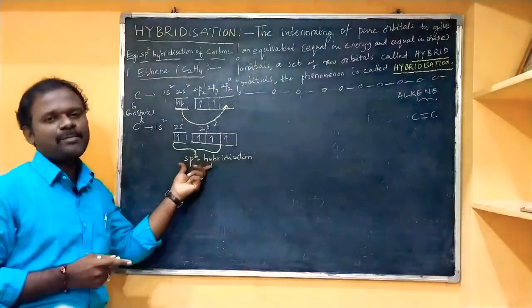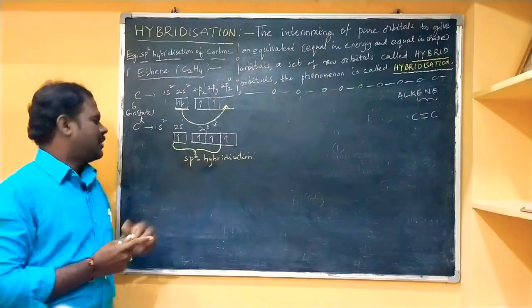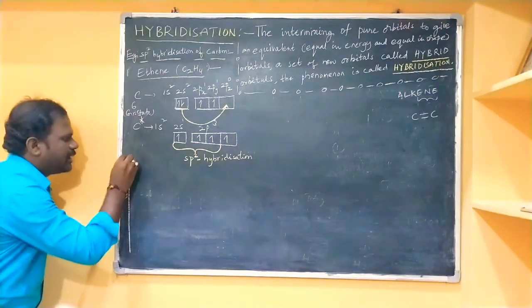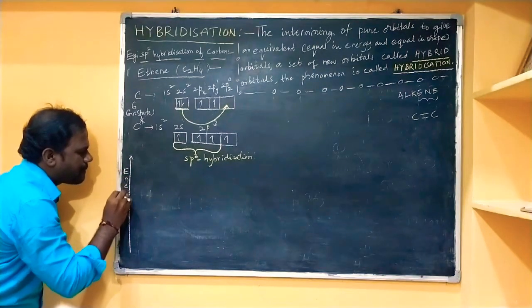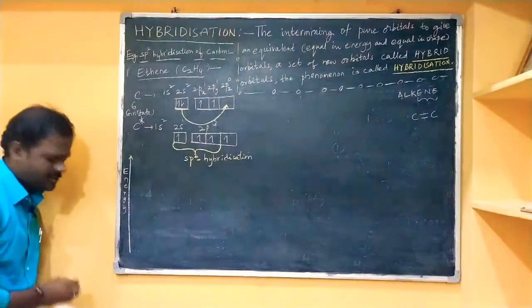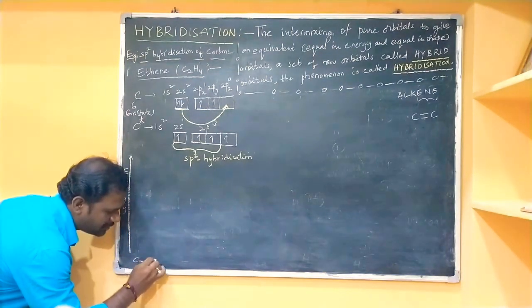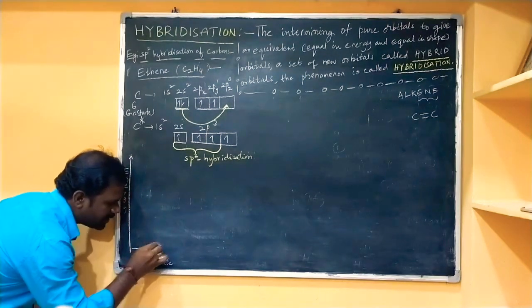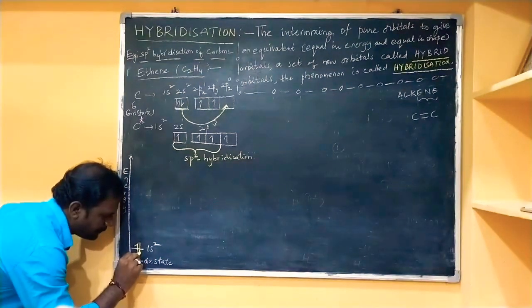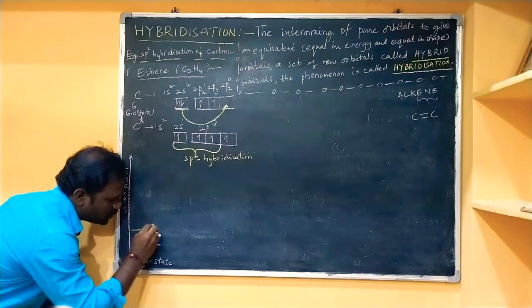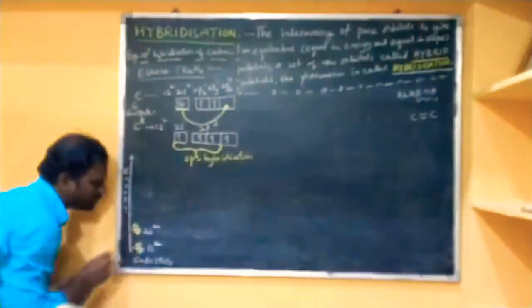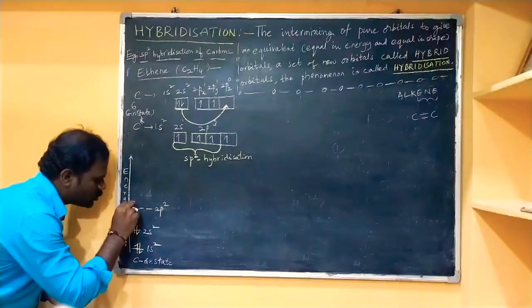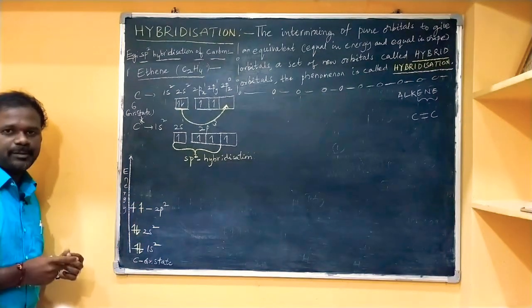Okay, sp2 hybrid orbitals. We can see the energy level diagram of carbon here. What is the ground state electronic configuration of carbon? That will be 1s2, 2s2, and 2p2, that is 2px1, 2py1.